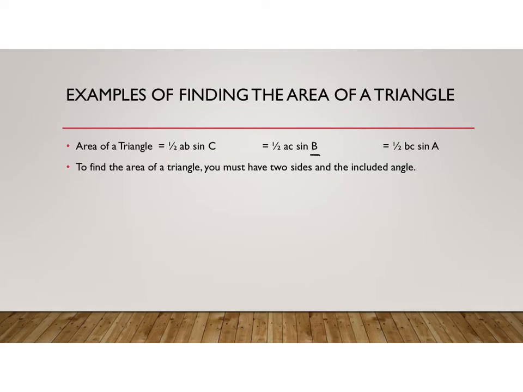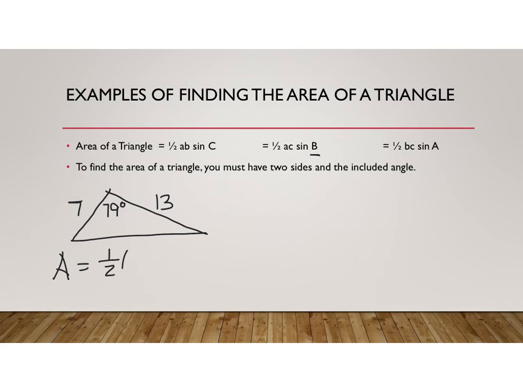So for example, if I give you this triangle, and I give you these lengths, let's say this is side 7, this is 13, I would need to know this angle. And let's say this angle is 79 degrees. So then, I do have two sides and the included angle.